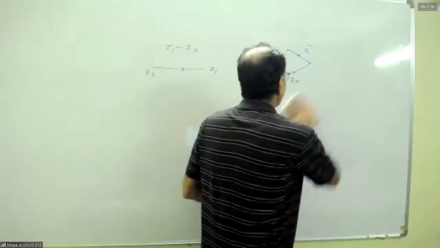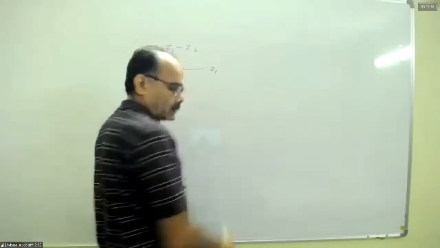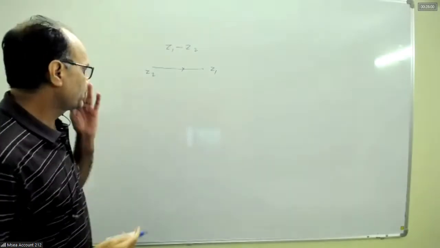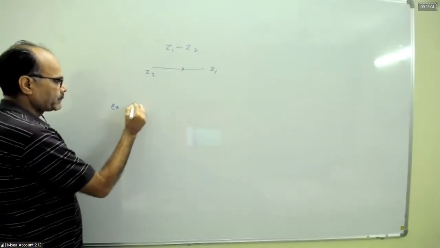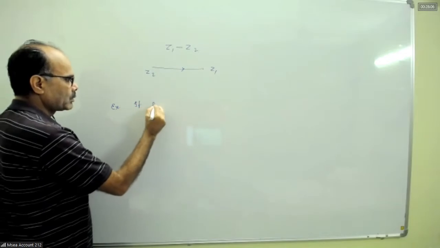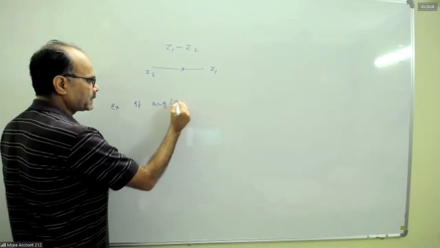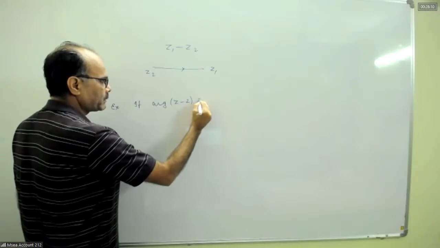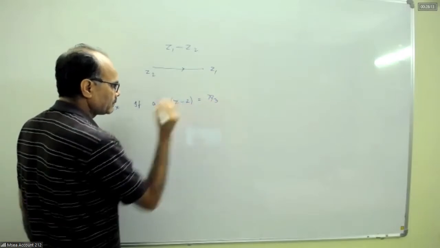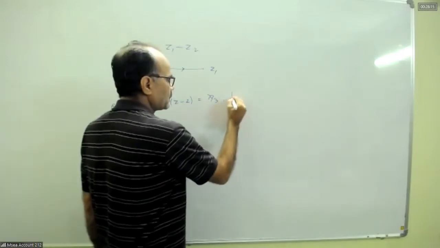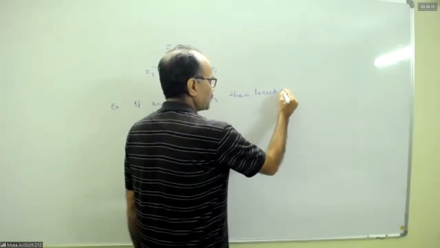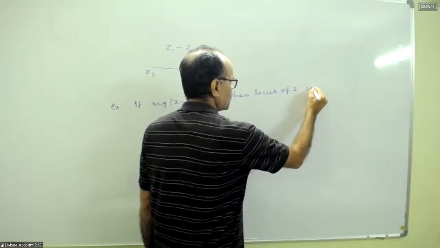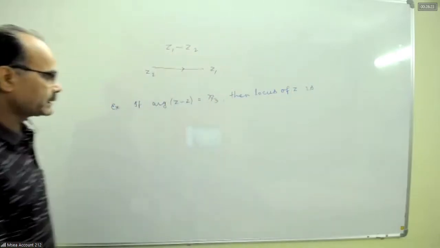Now, about argument, suppose if argument of Z minus 2 is pi by 3, then locus of Z is, we'll see it geometrically.